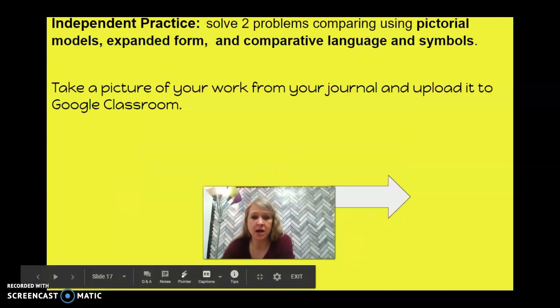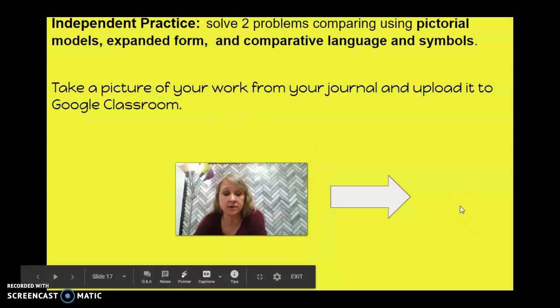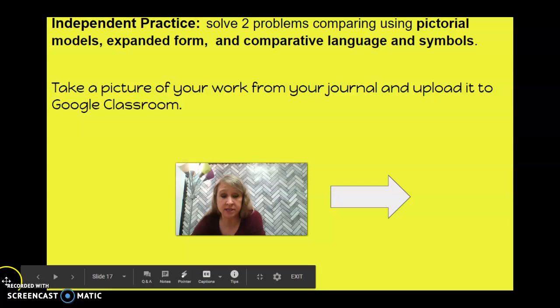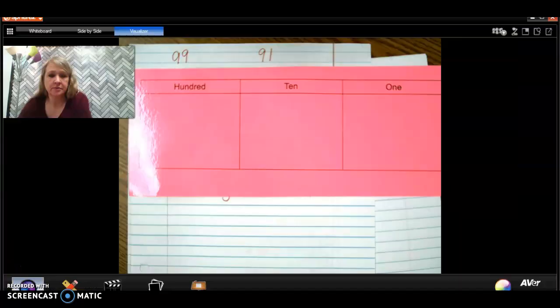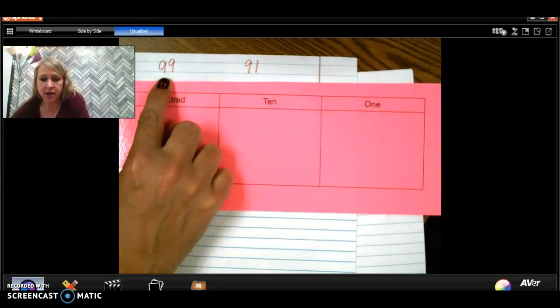Okay, now I'm going to show you how to work out some problems finding which number is greater and which number is less. I have a problem. I need your help, guys. Let's see if you can help me figure out which number is greater.